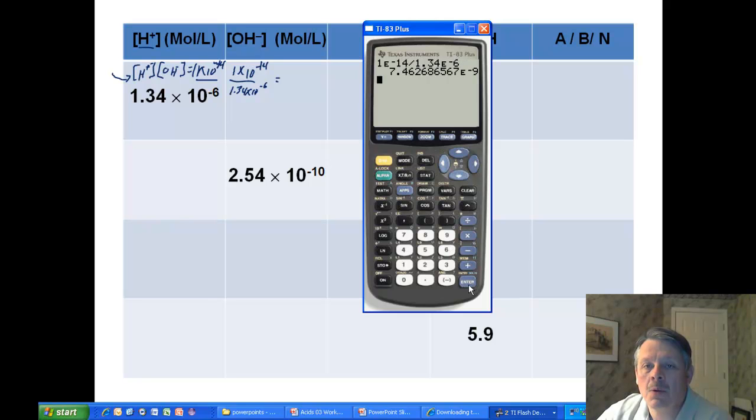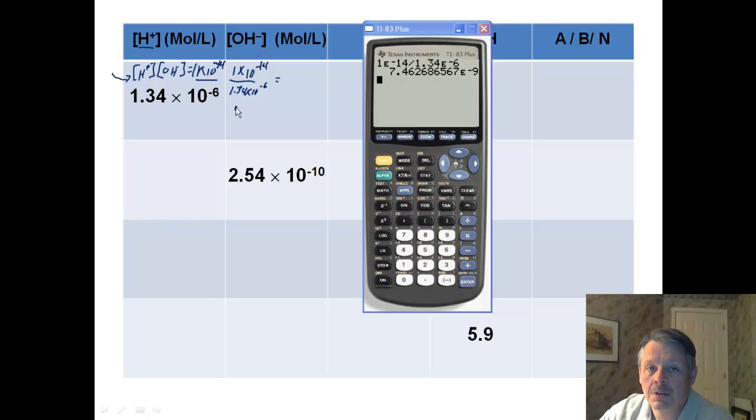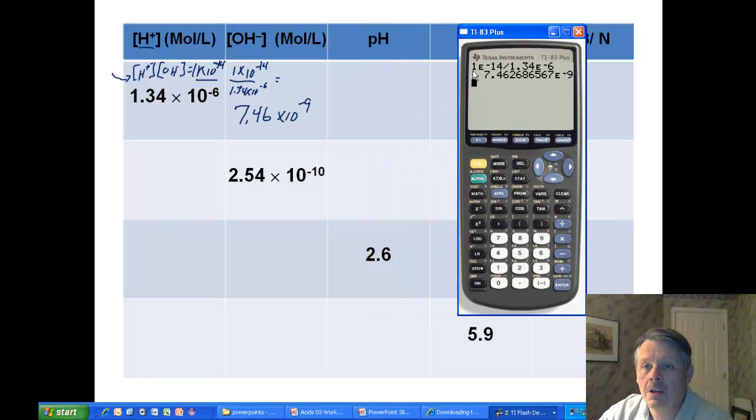Now we're going to enter that, and we get 7.46 times 10 to the minus 9th. So that's the first thing we have to do.